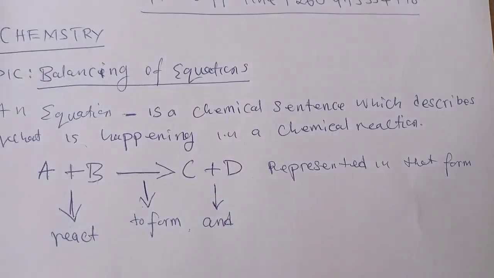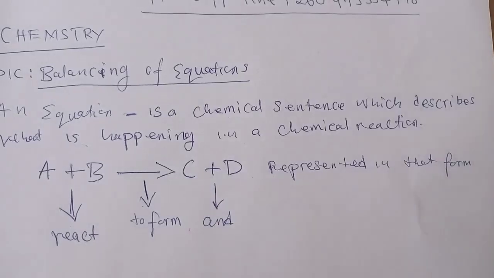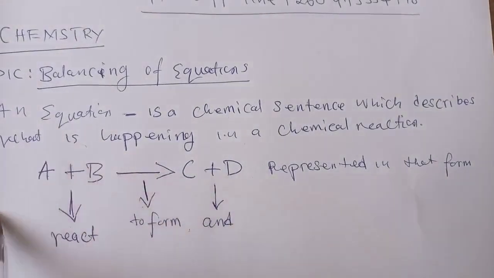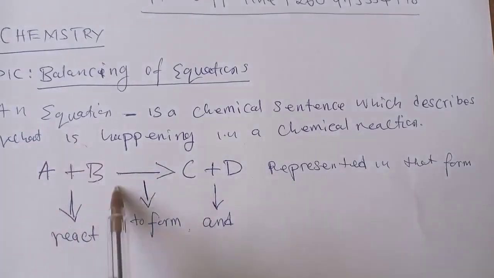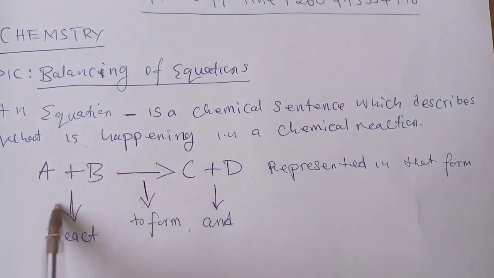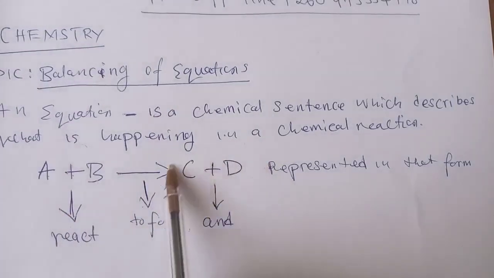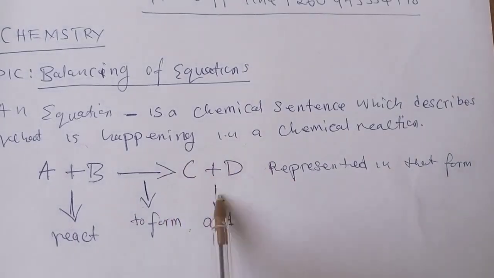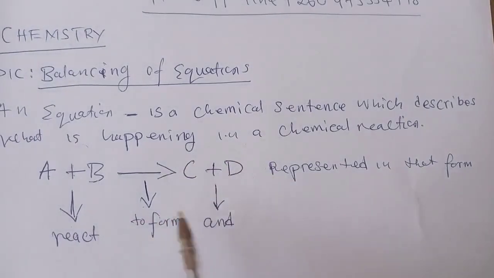As simple as that. So you need to know all this. You need to know which ones are the reactants. The reactants are those elements or atoms or substances that are reacting. And products are those elements or atoms, or should I say compounds, that have been produced.